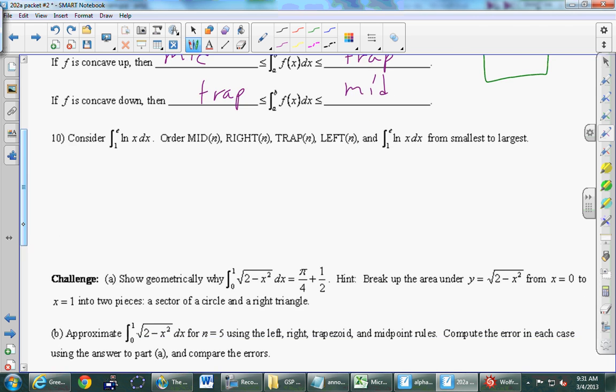Okay, so I'm just going to get my shell up here. Let's see, it says from smallest to largest. So I'm just going to put a bunch of less than or equal to signs here, 4 of them.